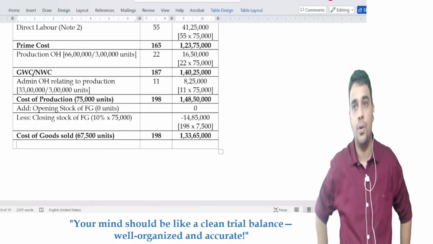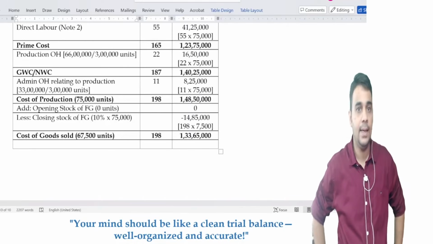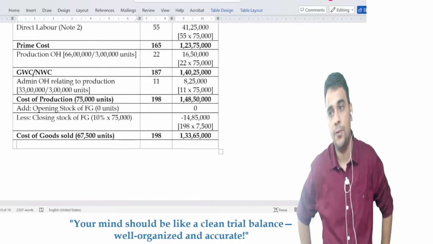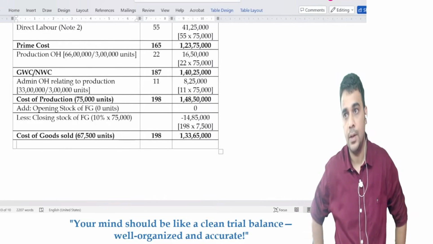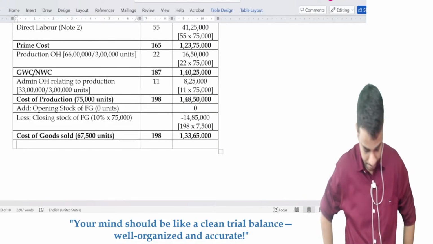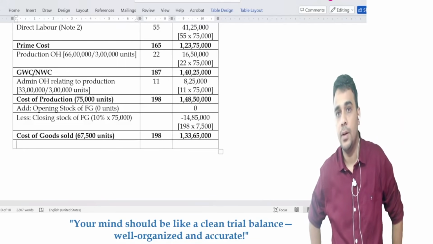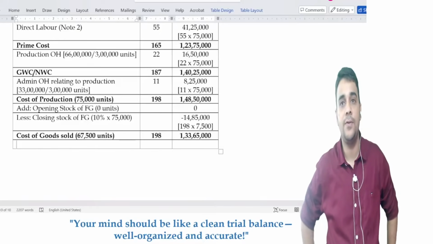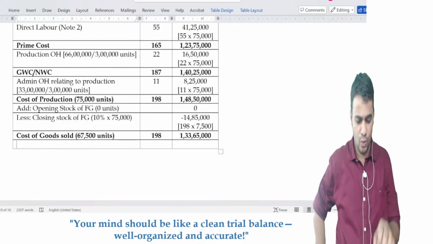Cost of goods sold is 198 into 67,500. Any doubts on this? What is the other expense we have?